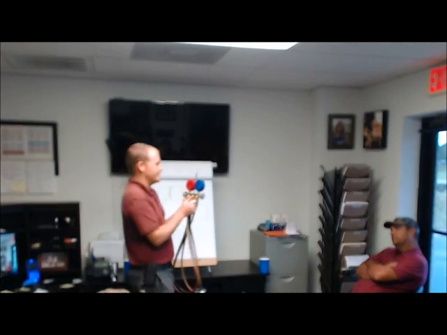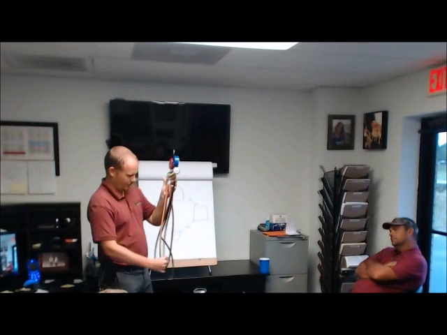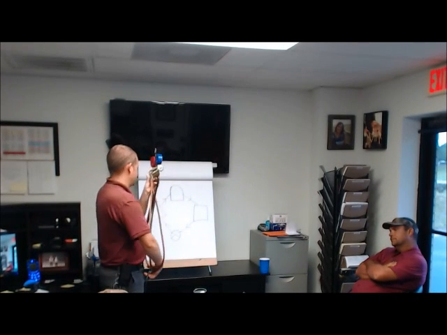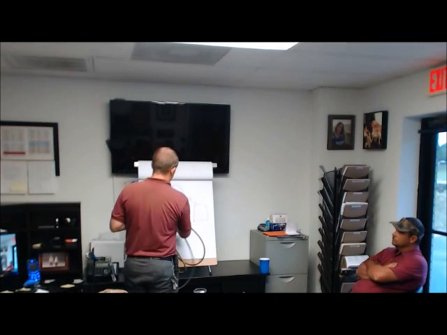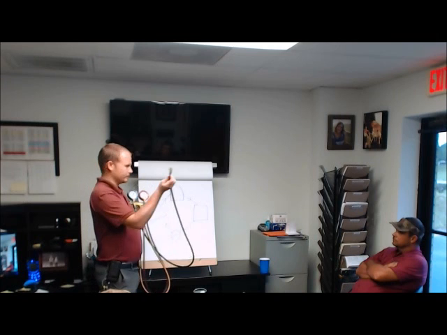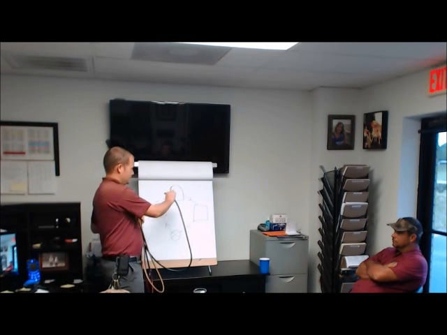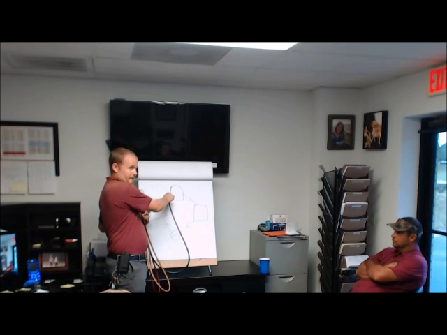So if I take my suction gauge off here, let me first tell you that this is the compressor, condenser, metering device, evaporator. Where am I hooking this gauge to? Someone describe to me. Right before it goes in the compressor. So I'm hooking here, okay? On a typical residential system.